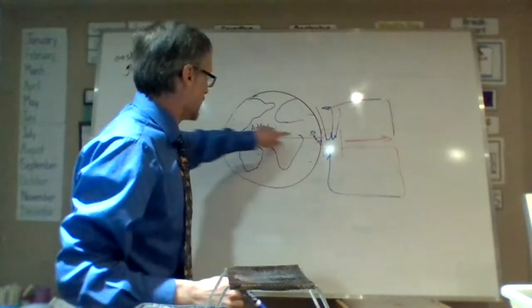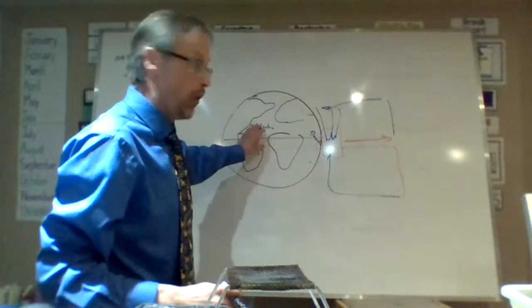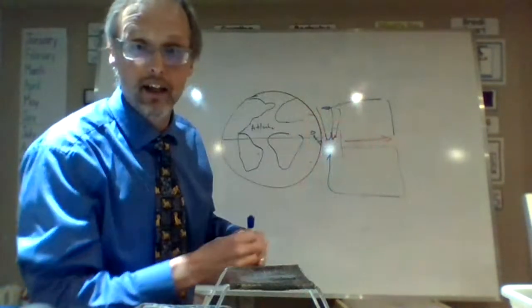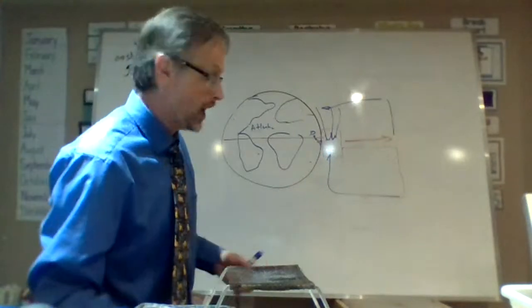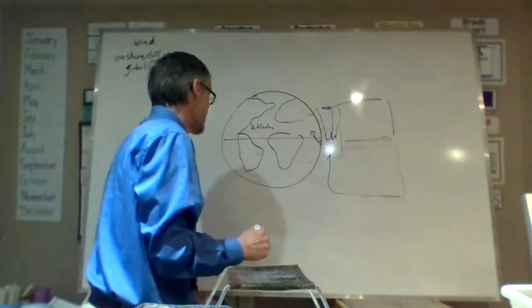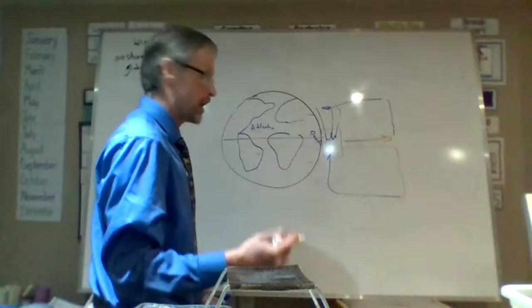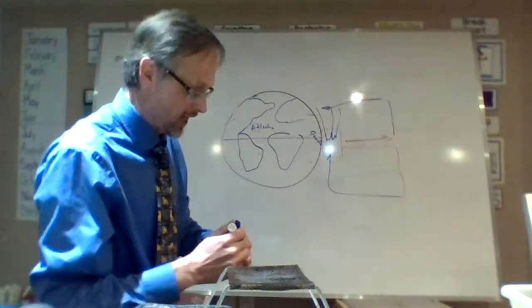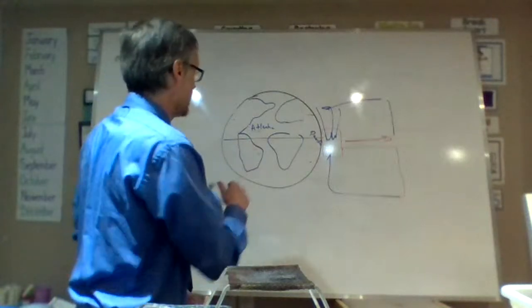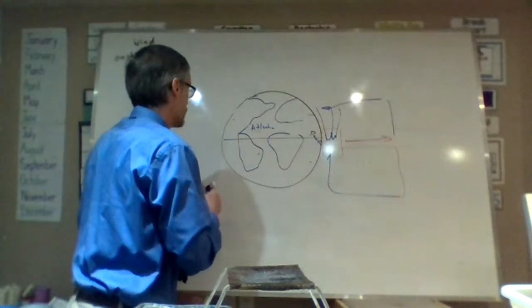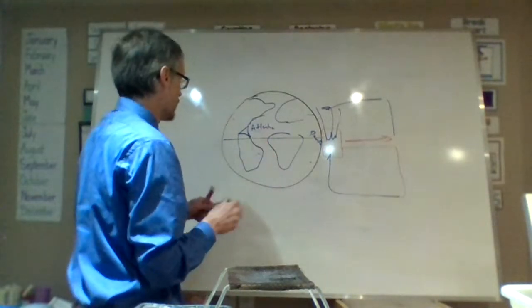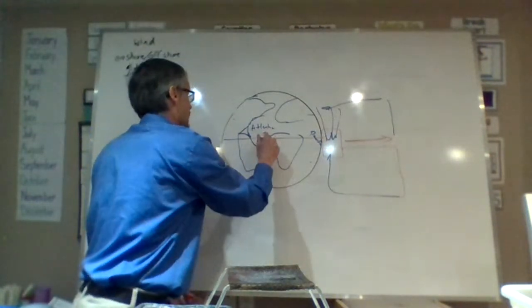Now, these oceans, the water here becomes hot. And because it becomes hot, the water becomes less dense. Because it becomes less dense, it rises, and then other water rushes in to take its place. So you've got to picture this on an oceanic level. So the cold water rushes this way to take the place of the hot water that's moving away.